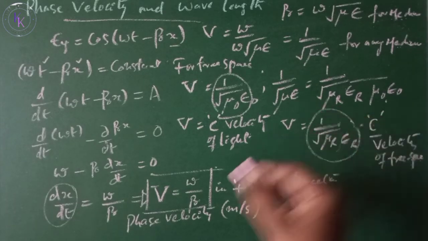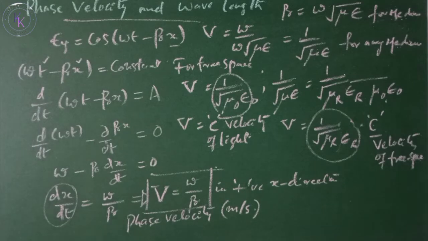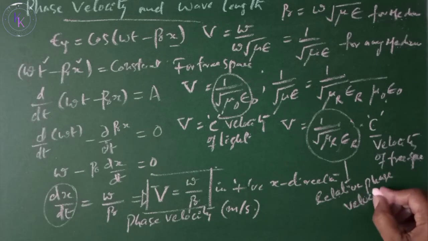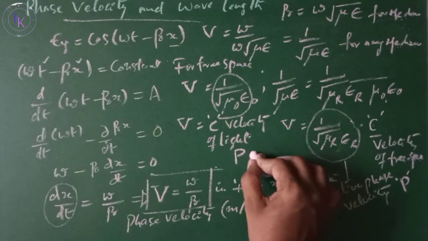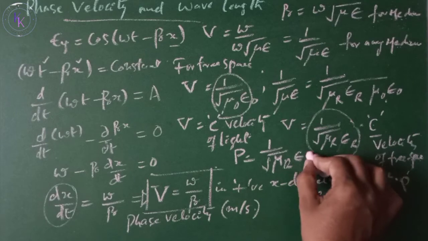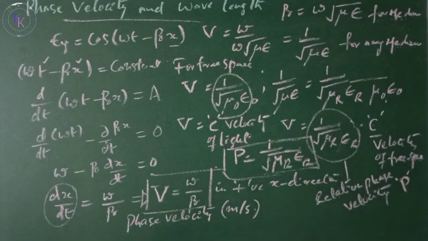This term is known as relative phase velocity and represented with the letter P. P equals 1 by square root of mu r epsilon r, which is nothing but P equals the velocity of the medium divided by the velocity of the free space.